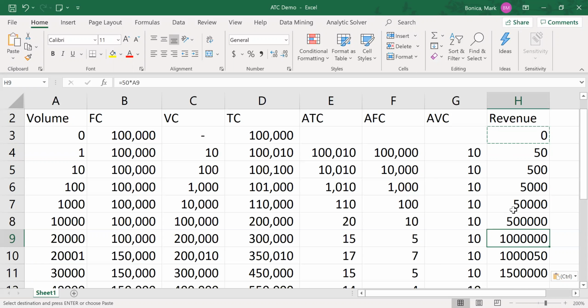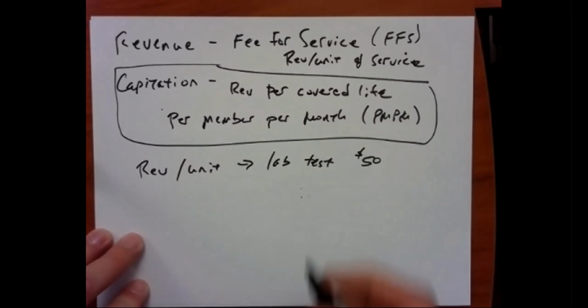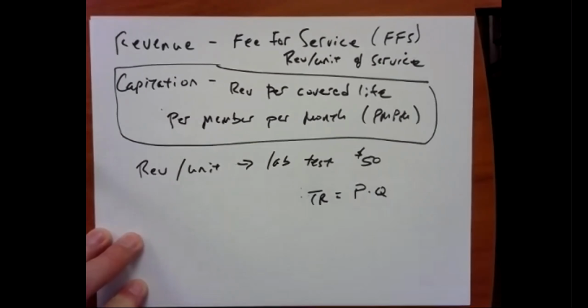So what does that look like graphically? Total revenue is equal to price times quantity, P times Q. Right?